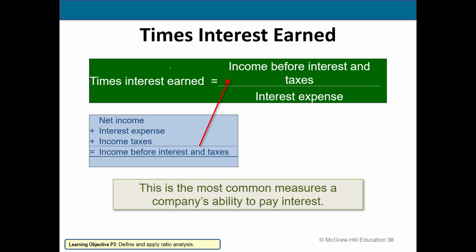Whether it's the bank or anyone else, they're going to charge you interest, and that interest expense is going to affect your income statement and your bottom line. So we want to assess the ability to pay this interest. We start with our net income, and then we add interest expense and income taxes to arrive at income before interest and taxes, and then we divide it by interest expense.